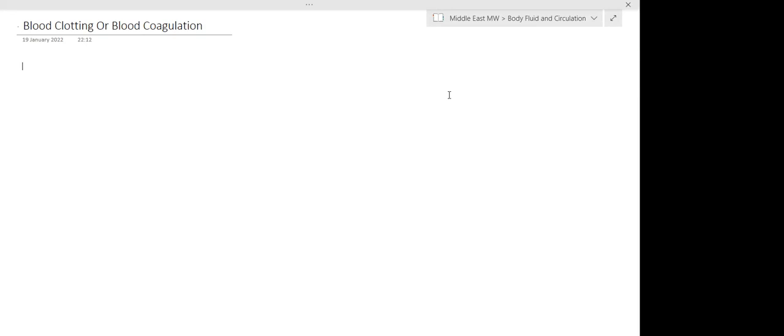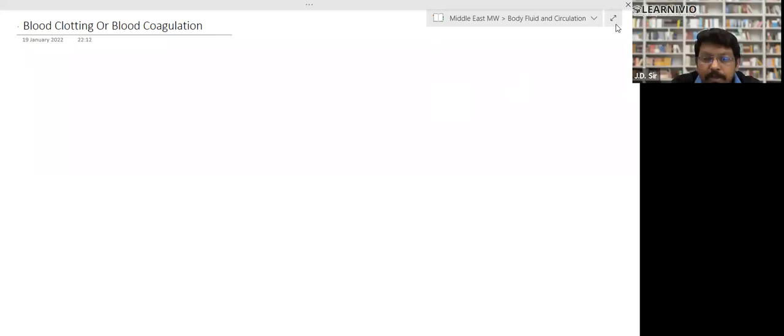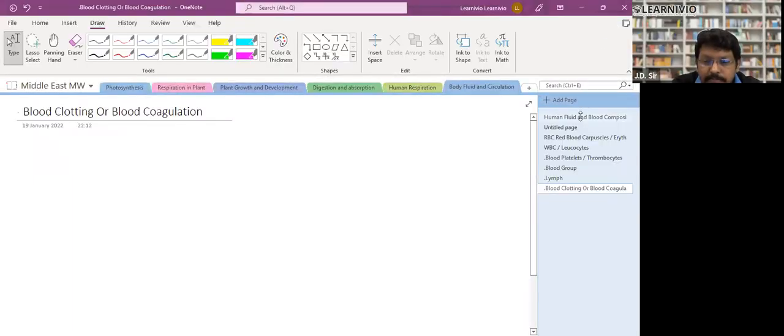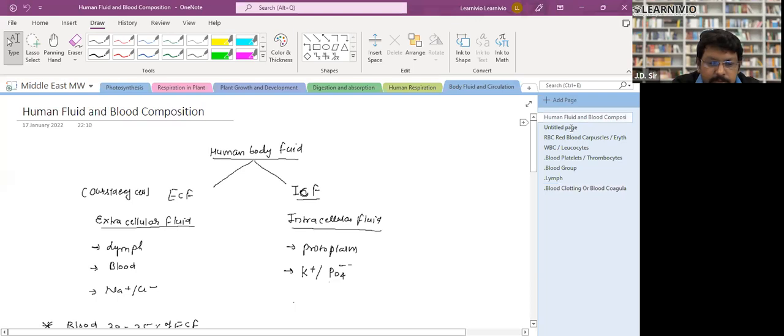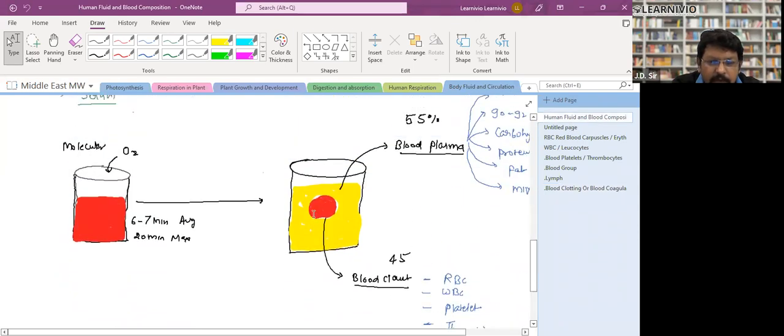So how does blood clotting or blood coagulation take place? When I started the topic, I showed you a diagram. I explained this diagram. In blood clotting, if blood is kept over there, free or molecular oxygen comes in. In 6 to 7 minutes on average, maximum 20 minutes, the blood clotting will start.